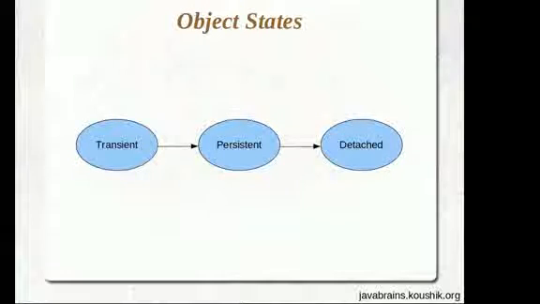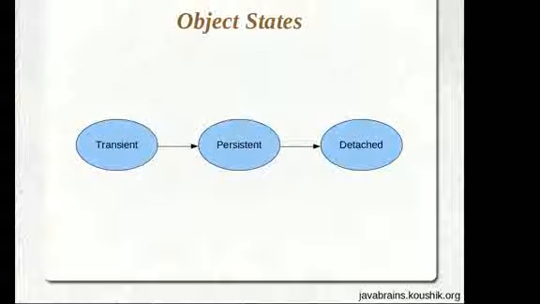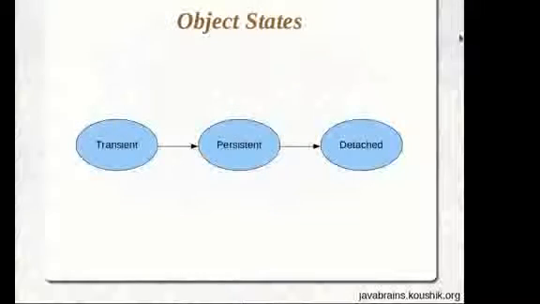So what we're going to do now is look at how the states change from one state to another as we perform these different operations, so that we'll have a better understanding of these three states.